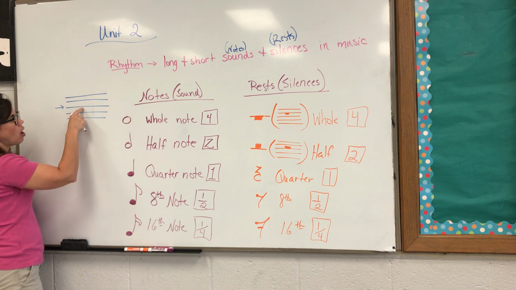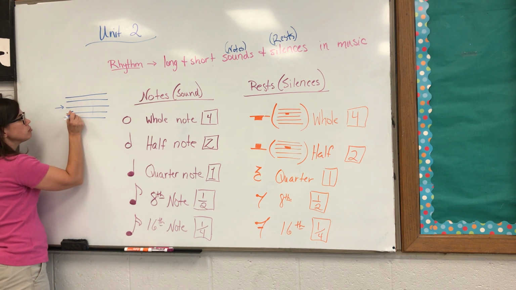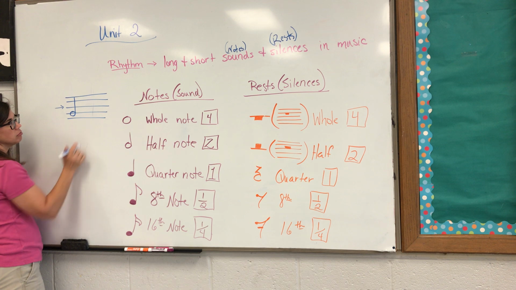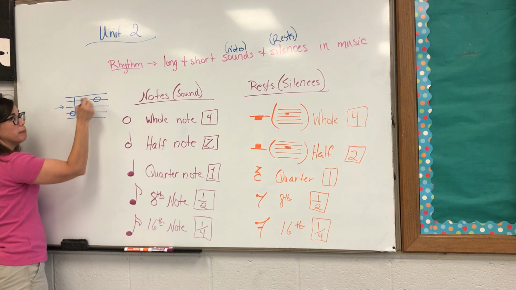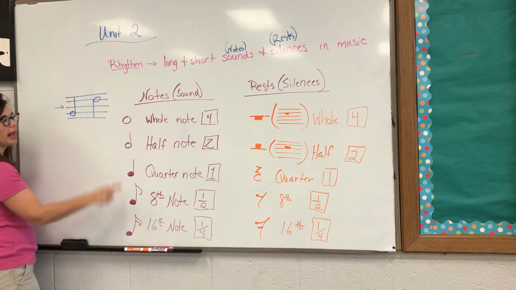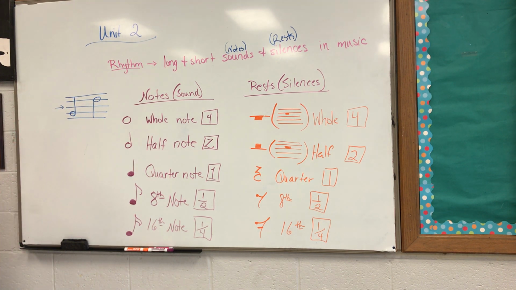But if you have a note on the 3rd line or above, then the stem has to switch directions and go down. So if you have a note where the stem's going up, that is a half note. If you have a note up above where the stem's going down, that is still a half note, even though the stem direction has changed. It doesn't change what kind of a note it is, okay? So don't let the stem direction confuse you.